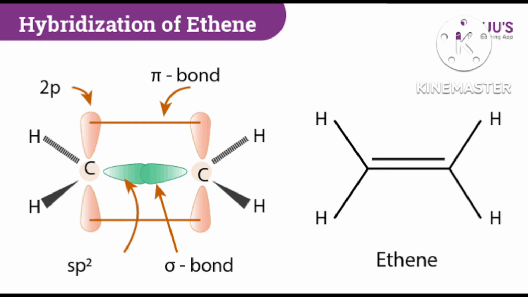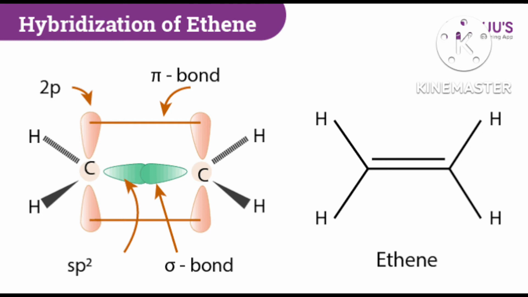Like in methane, ethane and ethylene, with hydrogen they make sigma bonds. And now the role of these two unhybridized orbitals, you can understand.